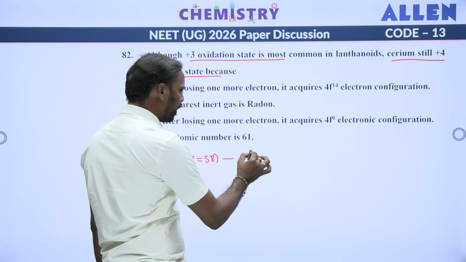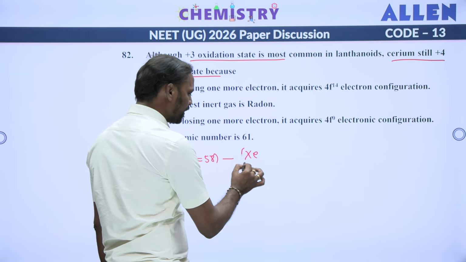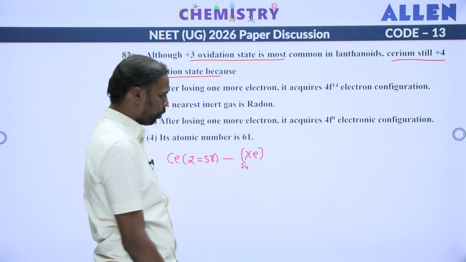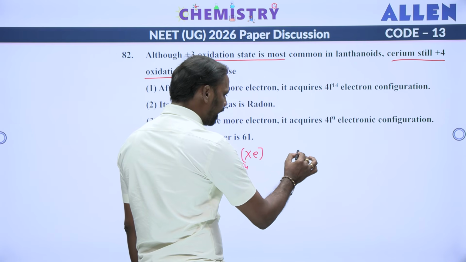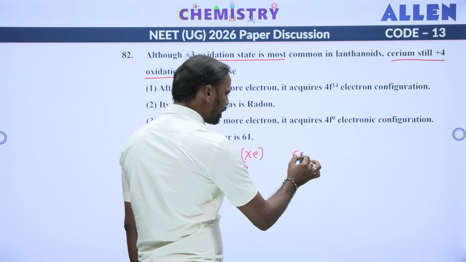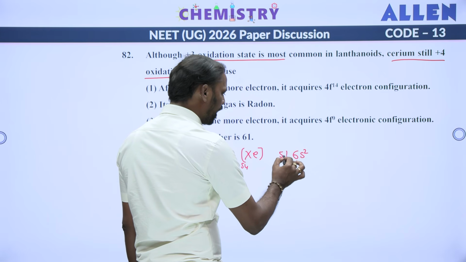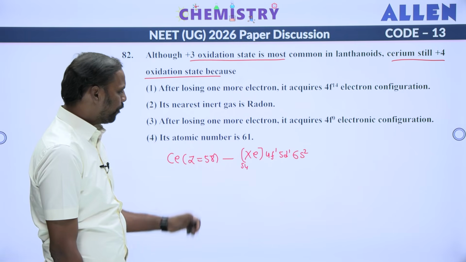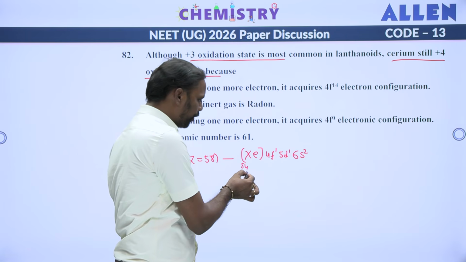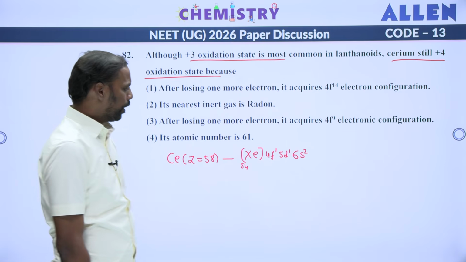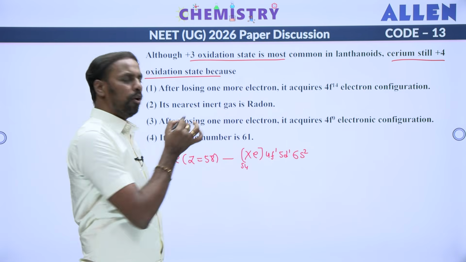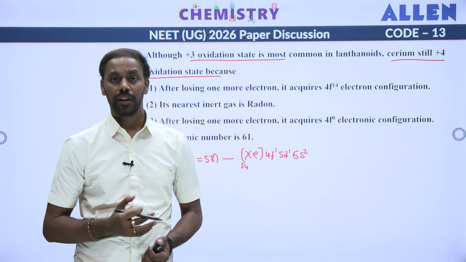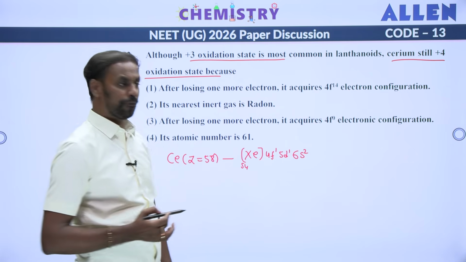If you write the electronic configuration of this one, xenon atomic number is 54, till this 54 electrons over. After that, 6s2 next to 5d1, after that 4f1. So overall 58 electrons are there, 54 here and then 4 electrons here. Now see, generally for F block elements, the common oxidation state for most of the elements will be +3. But why cerium is showing +4, they are asking.